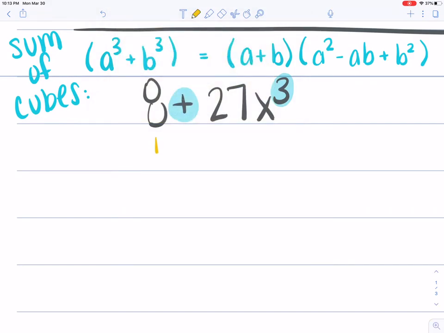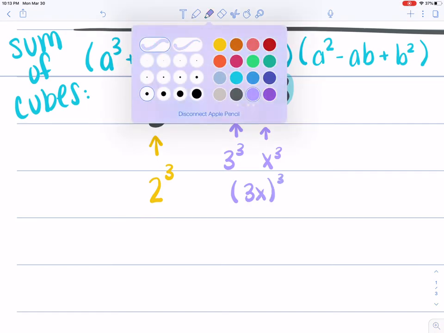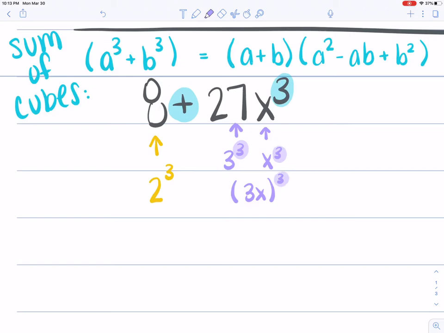Well, 8 is the same thing as 2 to the third, and then 27 I can rewrite as 3 to the third, and of course x to the third is already written. Now, if you remember your properties back from chapter 5, I can write that as 3x all to the third. I can take that third power all the way out.